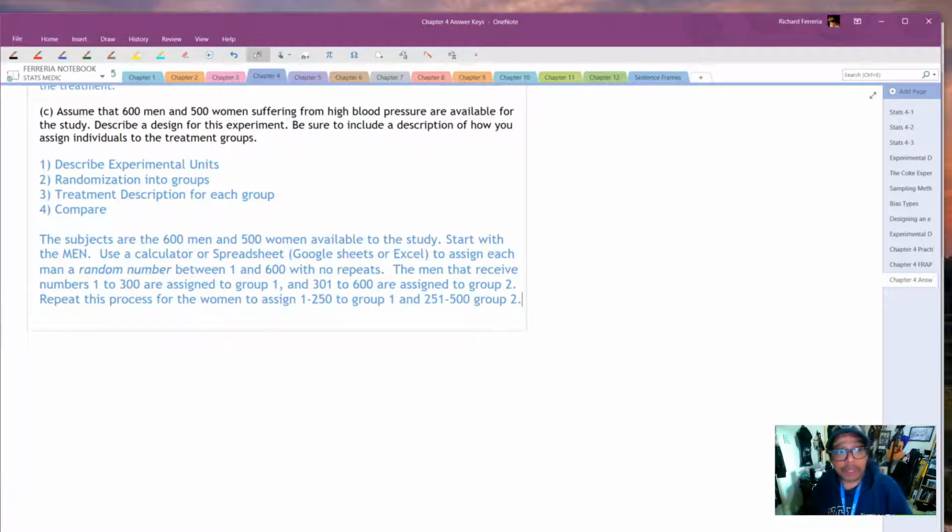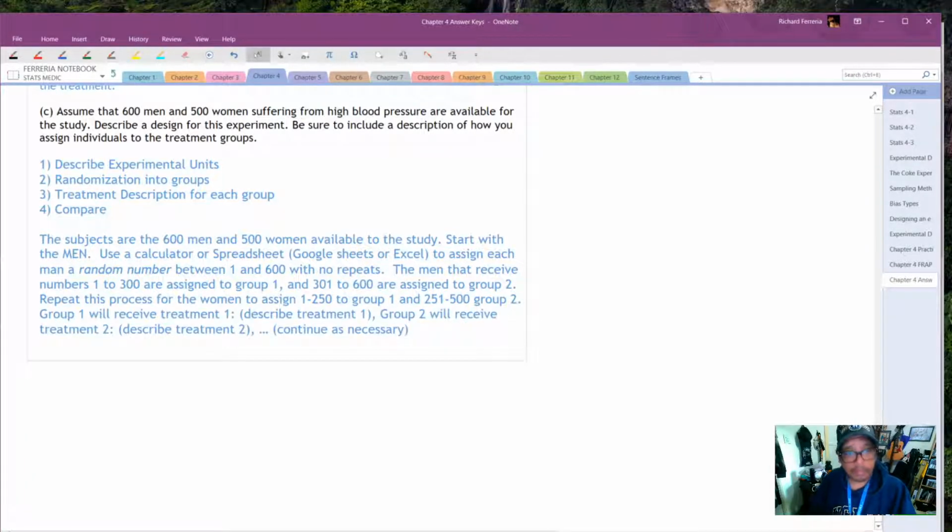We're going to repeat this process for women, and we're going to assign 1 to 250 to group 1 and 251 to 500 to group 2. Now we have to talk about the treatment description for each group. Okay, another copy and paste job from our list of sentence starters.